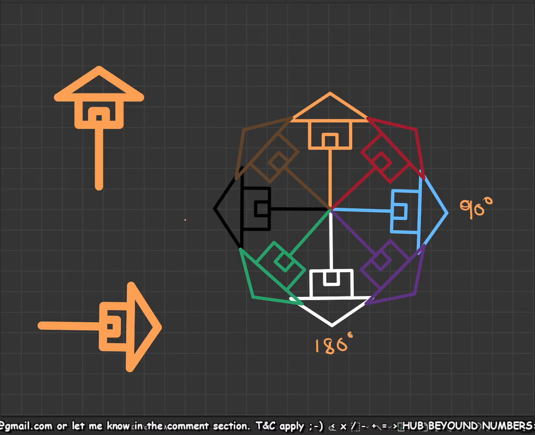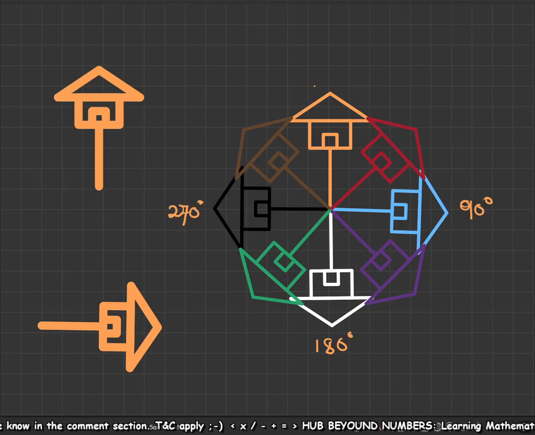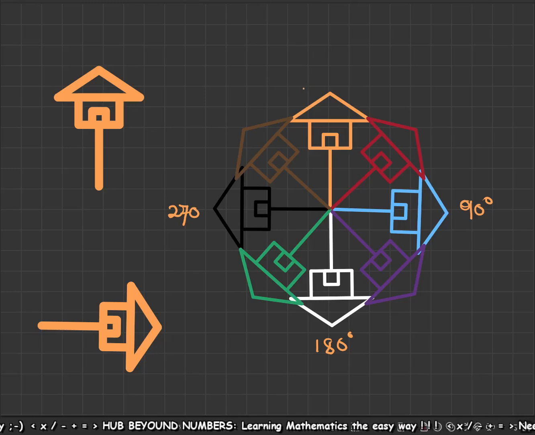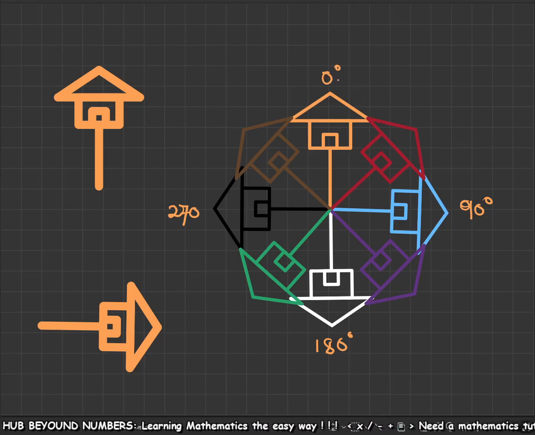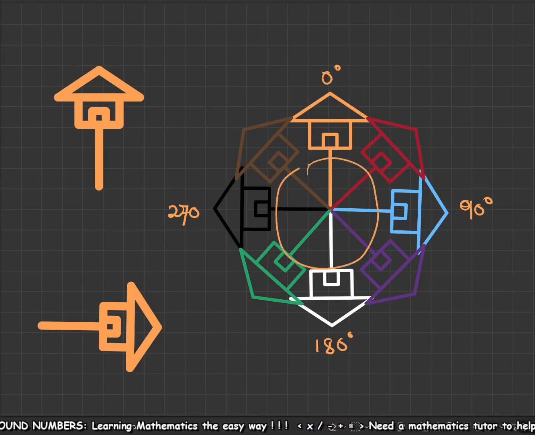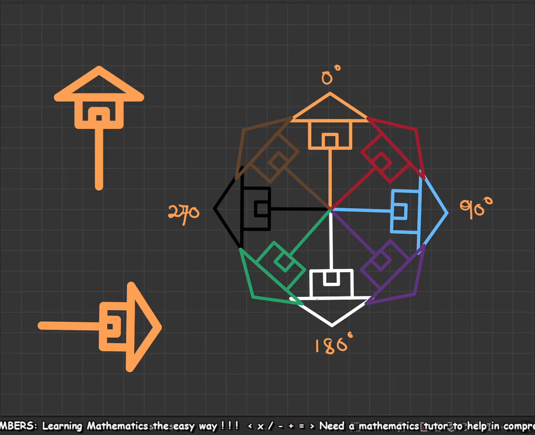And this here is certainly going to be 270 degrees. Its initial position is actually 0. These angles are when we are rotating in the clockwise direction. Remember, clockwise follows the arm of the clock. So if it was following the arm of the clock, these would have been the angle demarcations.